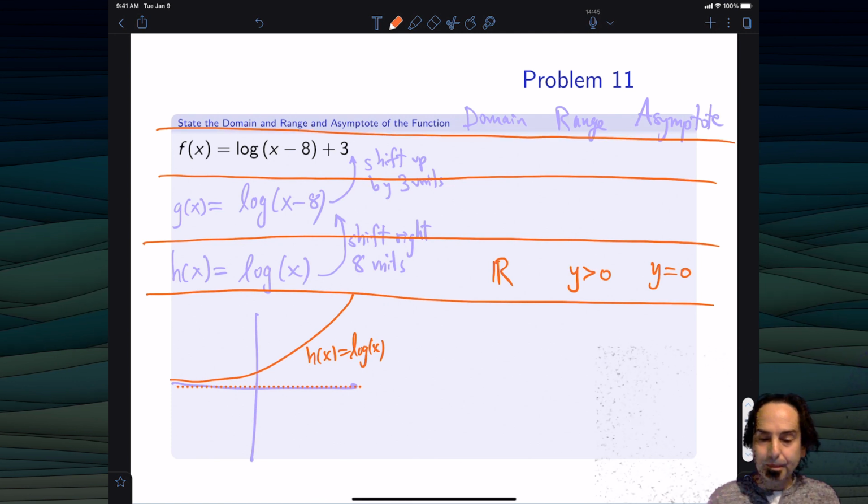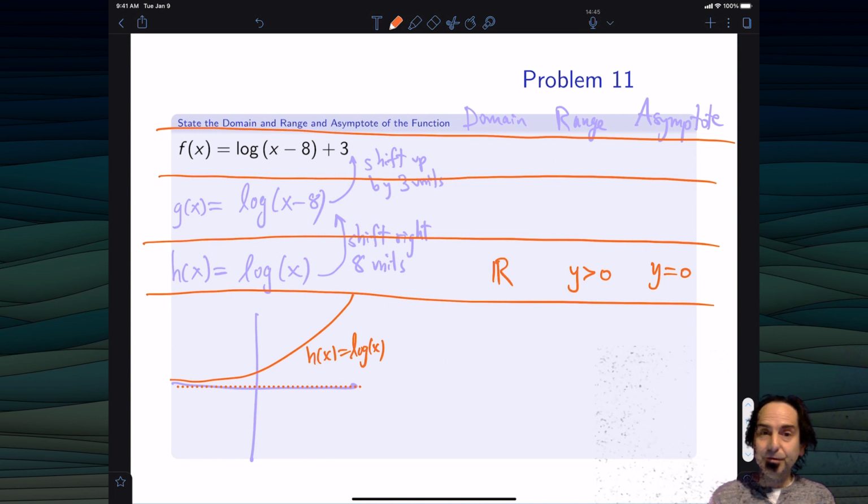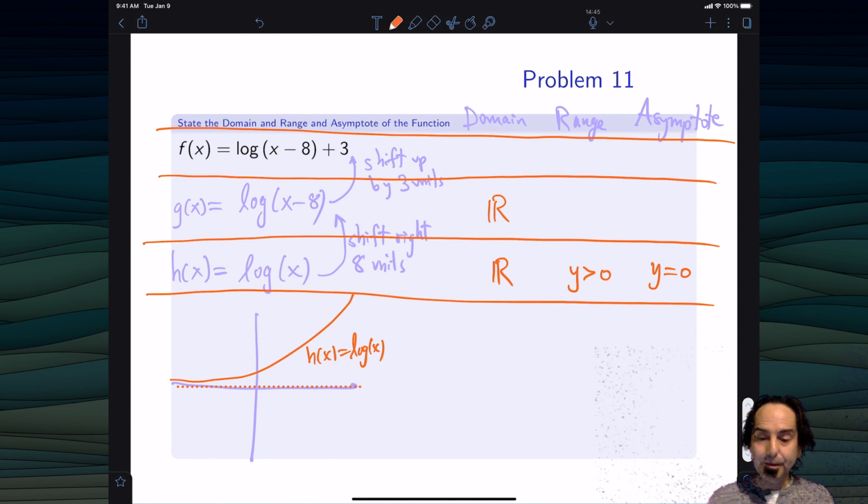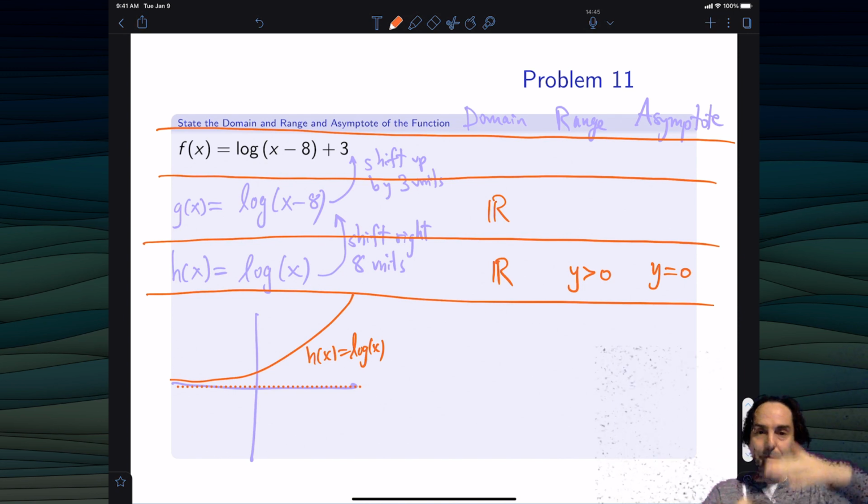So now, moving to g is just the graph of h, but shifted by 8 units to the right. And if you shift the real number line by 8 units, you still have the real number line. You can still put all of those in. But the range, if we shift, the range is up or down.